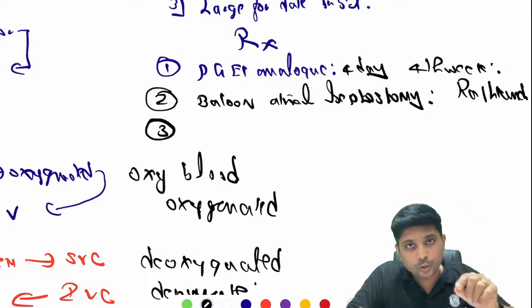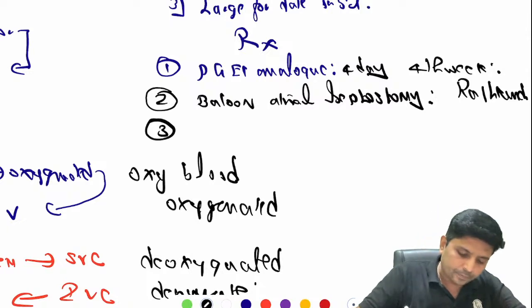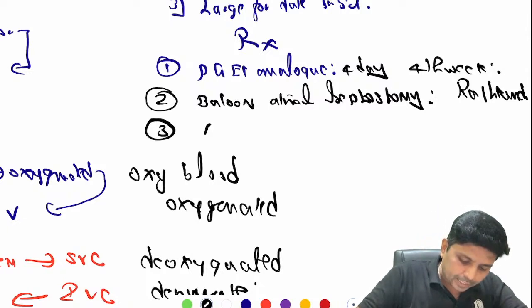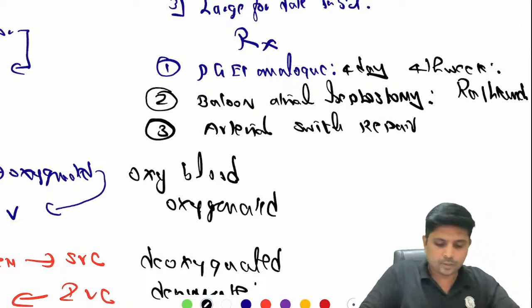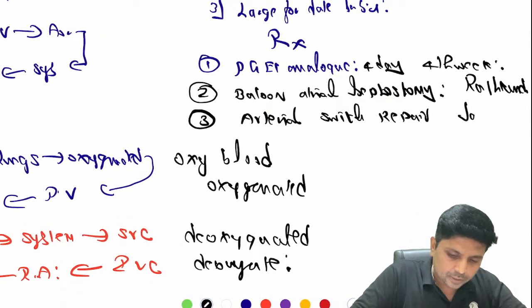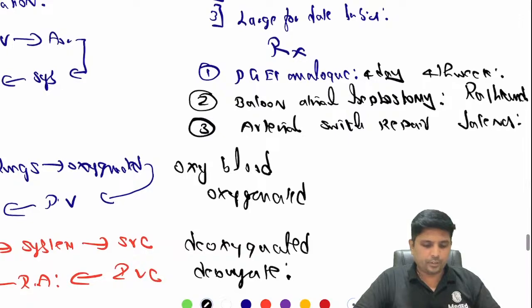So you need to do corrective surgery. This is called arterial switch repair, the Japanese arterial switch repair.